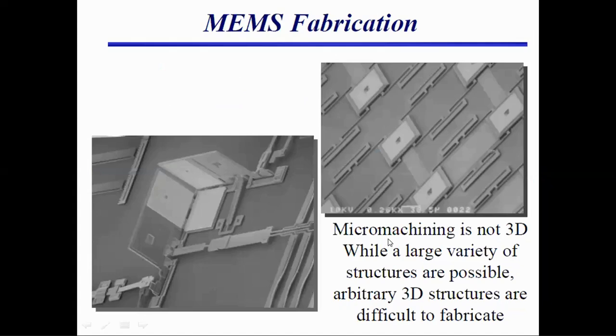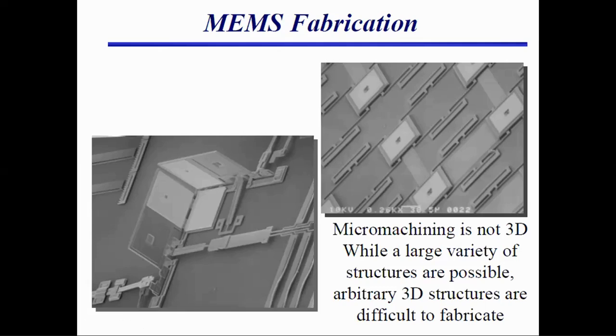Remember that micro machining is not 3D. Micro machining is a surface fabrication technology. We add layers to the top of the substrate, layer by layer, and layer by layer we make the device.